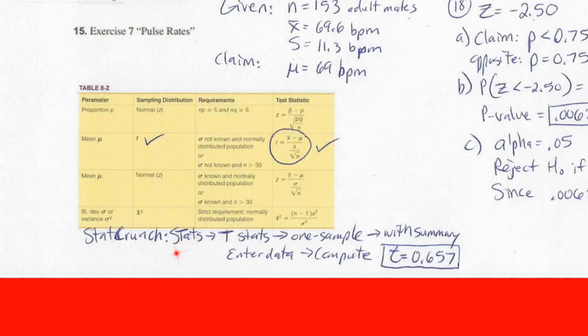Once you open it, you go to Stats, T-Stats, one sample with summary. Why with summary? Because we have the summary statistics right here that you're going to enter in. So whatever data it asks you for, you type it in correctly, and then you hit compute, and it gives you this T. Okay.